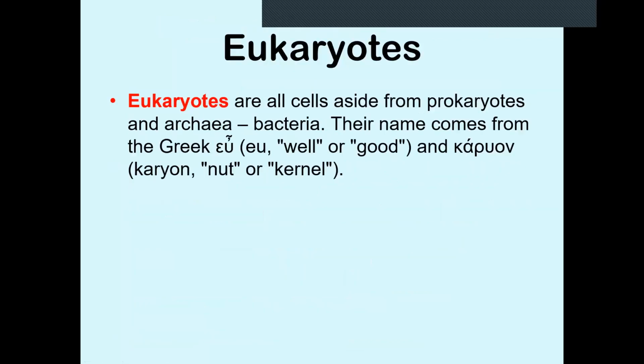Let's move now away from the prokaryotes to the eukaryotes. Besides the bacteria and the archaea, the name eukaryotes comes from karyot, and I'm not a Greek speaker, a nut or kernel, which means it's got a nucleus.